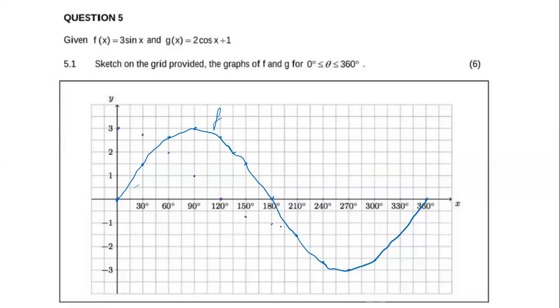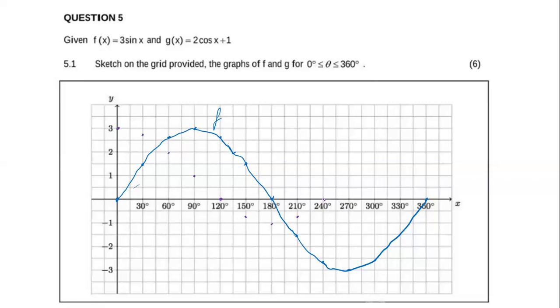And when you substitute 210, we get the very same value, negative 0,7. And then 240, I think it's 0, right? And then when you substitute 240, it's 0, yes. And then 270 is supposed to be 1, I think.